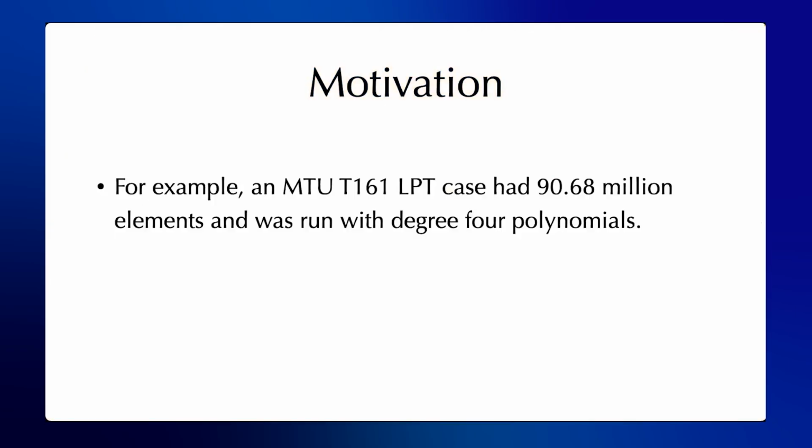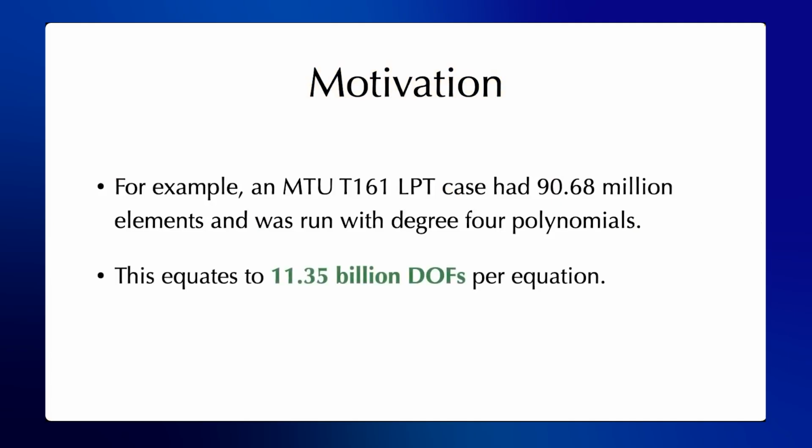Now, what that means in practice is that given this case had about 90 million elements and was run with degree 4 solution polynomials, in this case hexahedral elements, what we end up with is 11.35 billion degrees of freedom per equation. We're solving the compressible Navier-Stokes equations.